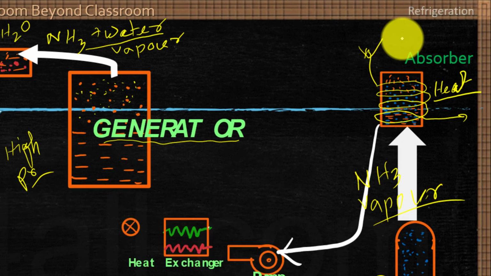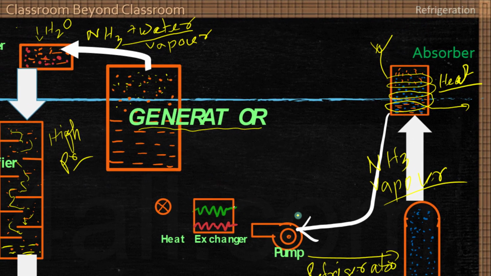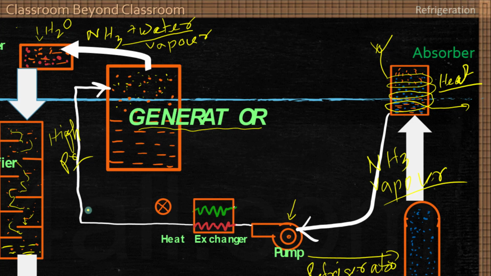So this strong ammonia solution will be pumped by this pump. The pump will take the strong ammonia solution from the absorber, it will go through a heat exchanger, and again it will go to the generator. Now what will enter the generator?